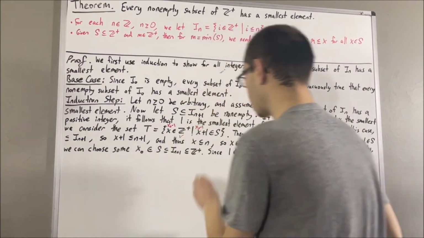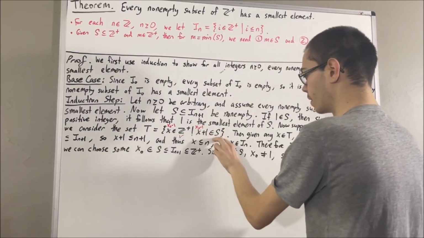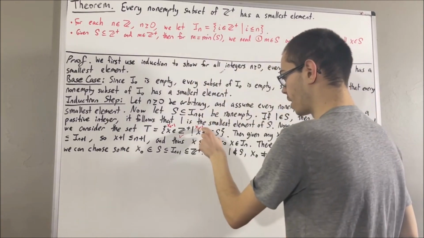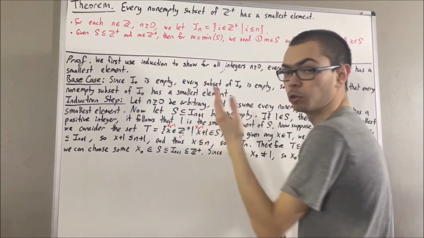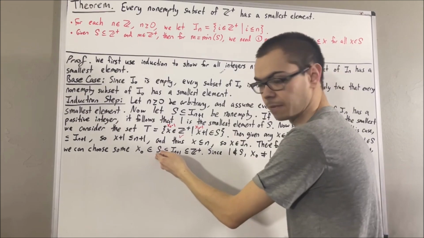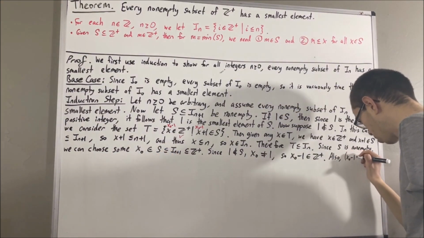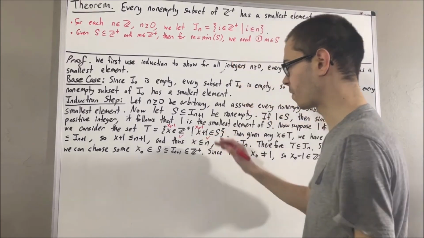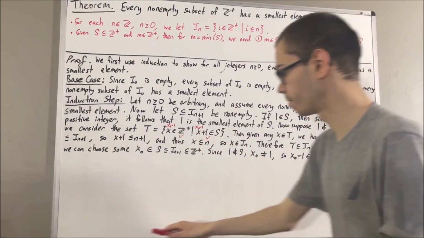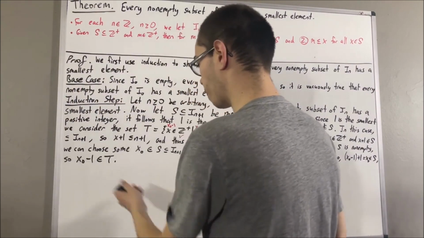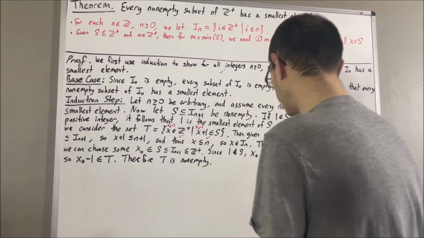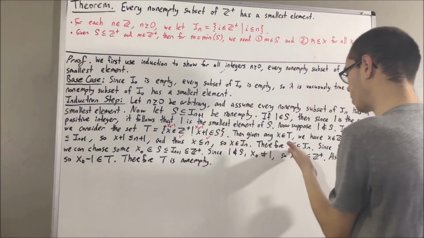So now we want to show that x naught minus 1 plus 1 is an element of S. But that follows, since x naught minus 1 plus 1 is equal to x naught, and x naught is an element of S. So this condition holds too, and therefore x naught minus 1 is an element of T. And therefore T is non-empty. So we see that T is a non-empty subset of I_n.